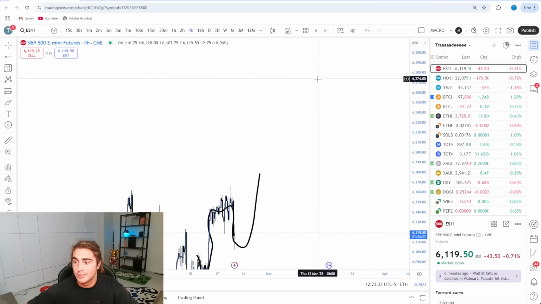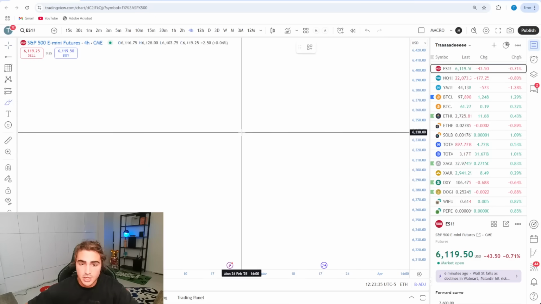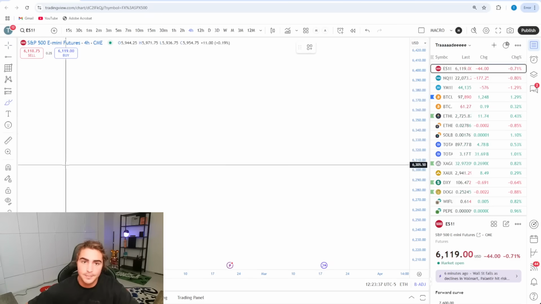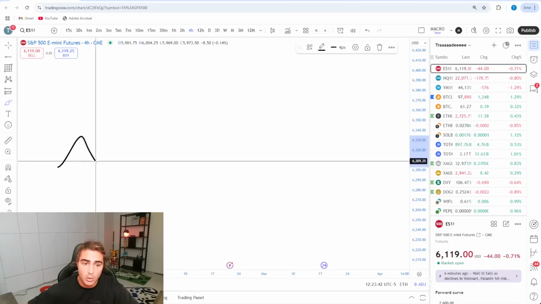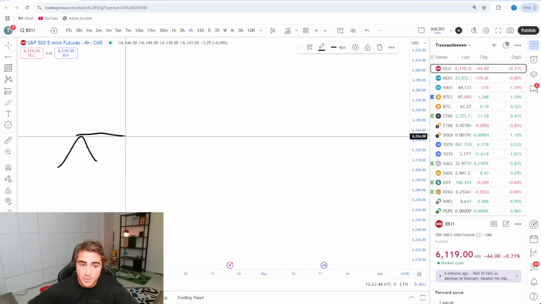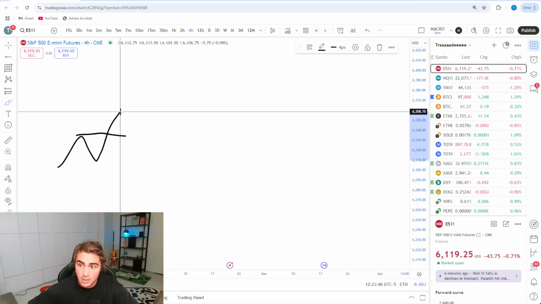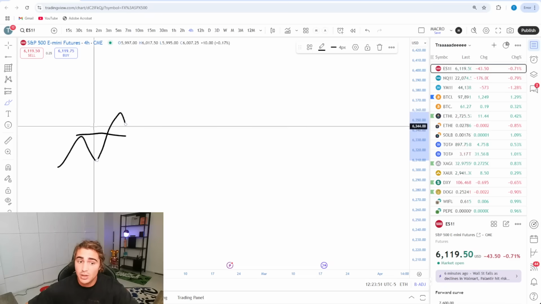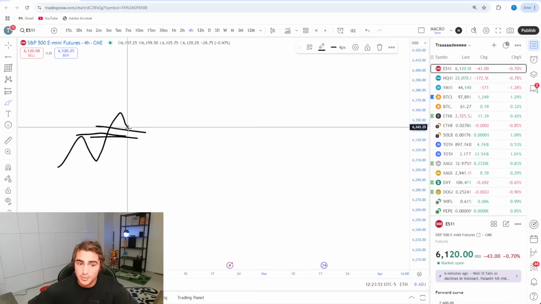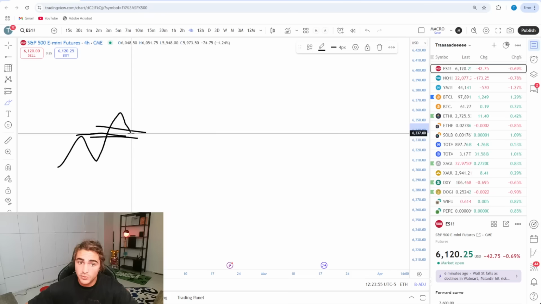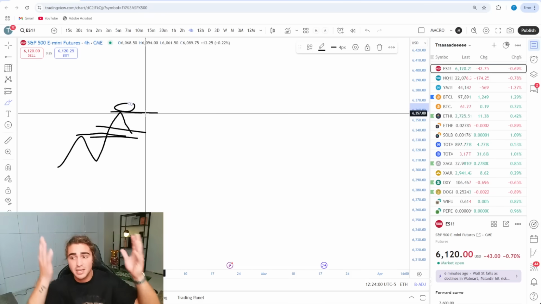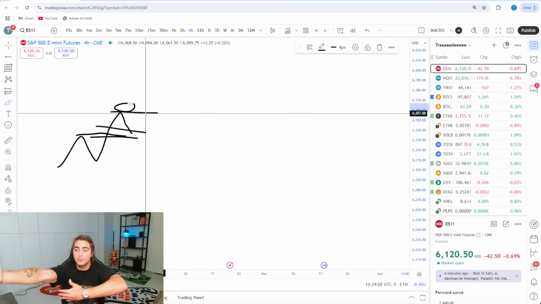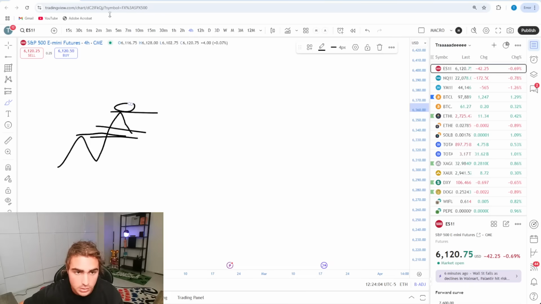In uptrends, again, it seems like you guys need a reminder. We make a high, we make a low. We have to what? Push past this high to continue the uptrend. And then what? After we push past that high, what are we going to come down and do? We're going to fill some sort of fair value gap, some sort of equilibrium, some sort of breaker block, some sort of order block. Once we fill it, what are we going to do? We're going to push past this high again. So now what can we use these highs as? Take profits. Boom, simple shit, bro. It's simple, simple, simple.